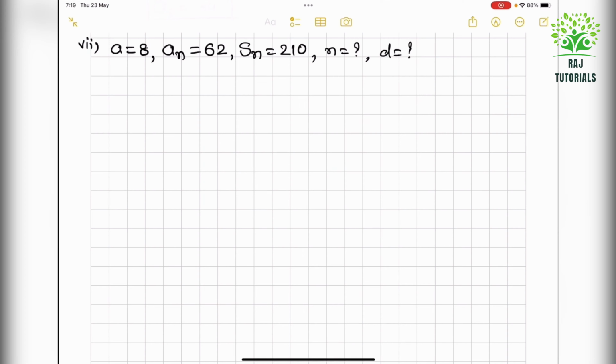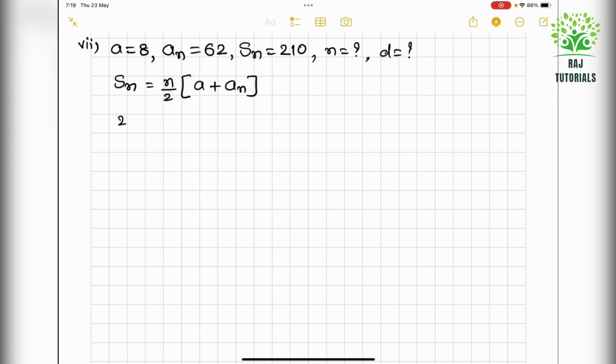Here we are given a equal to 8, an equal to 62 and Sn equal to 210. n and d I have to find. So for Sn, I can use the formula n by 2 into a plus an, that is the last term.